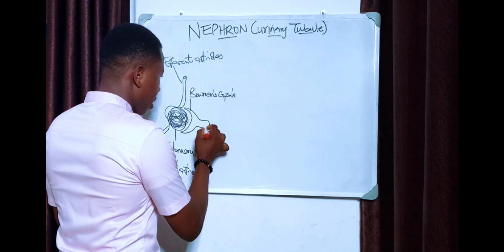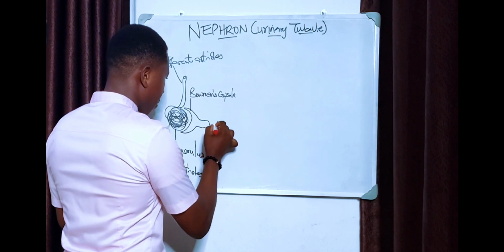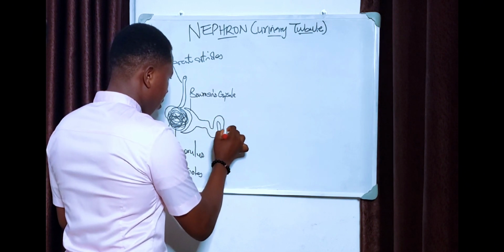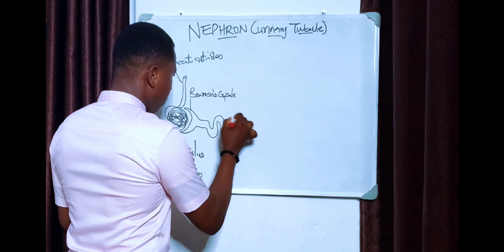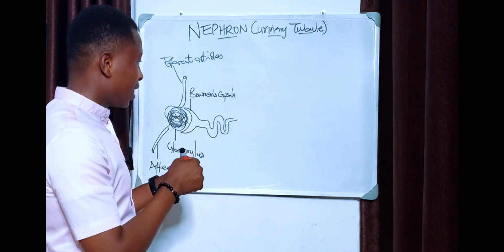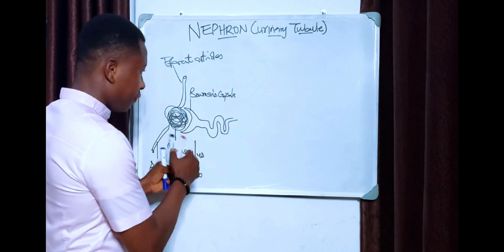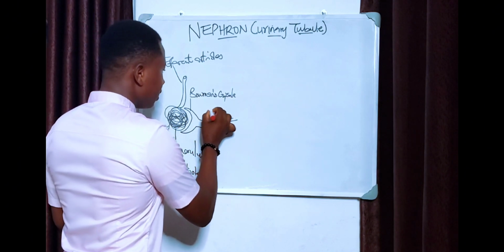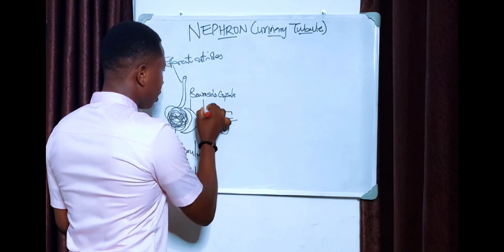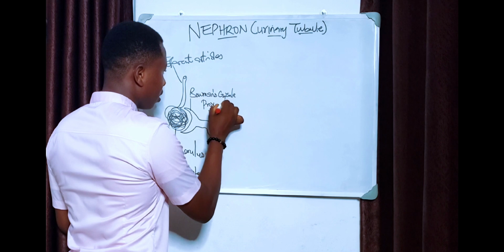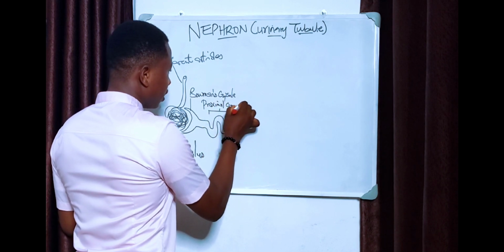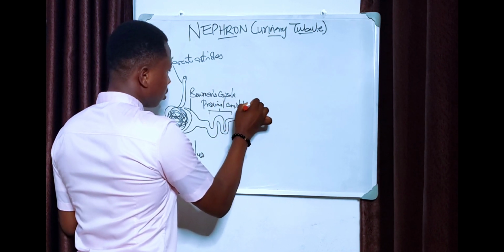And because it is at the beginning of the nephron, we term it the proximal convoluted tubule.